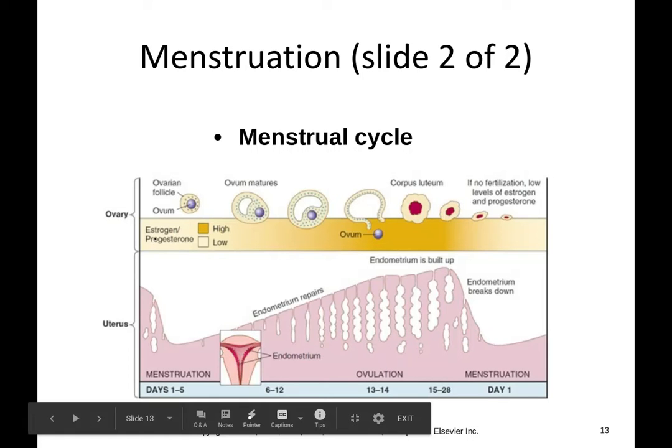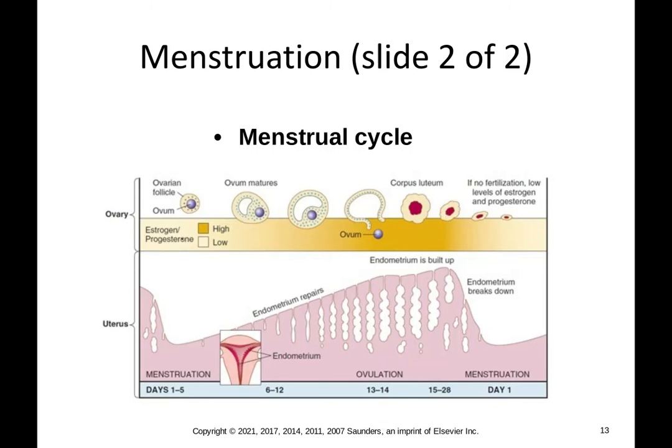And then in the ovary, you can see that you have low estrogen and progesterone here during menstruation, and then it peaks at ovulation. And the ovarian follicle with the ovum is maturing, and then the ovum releases, and the corpus luteum secretes the estrogen and progesterone at peak at ovulation time. And if no fertilization, there's low levels of estrogen and progesterone again.